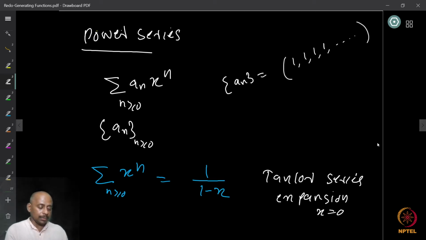So how do you prove this? This is something that we have studied in calculus. Suppose I have summation x raised to n.